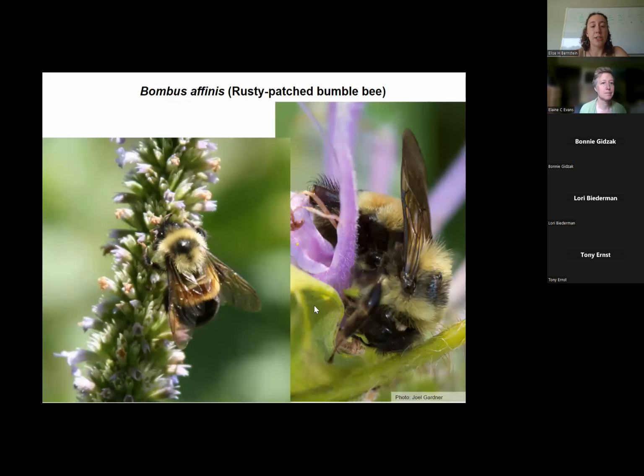All right, so here's just a couple images of Rusty Patch Bumblebee from a few different angles. So on the left, this image pretty clearly shows that thumbtack or umbrella shape between the wing bases on the thorax. We've got that black band that stretches across with a little bit of black moving down towards the abdomen, and then a really, really clear rusty patch.